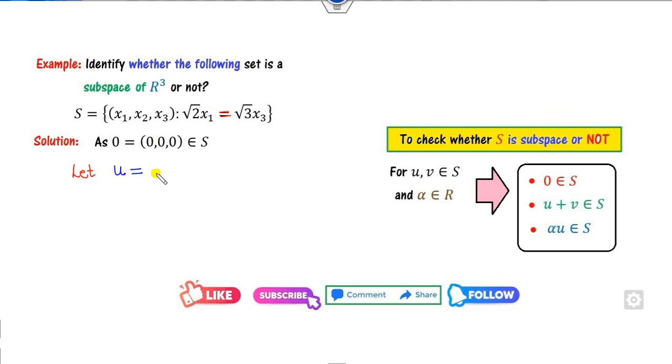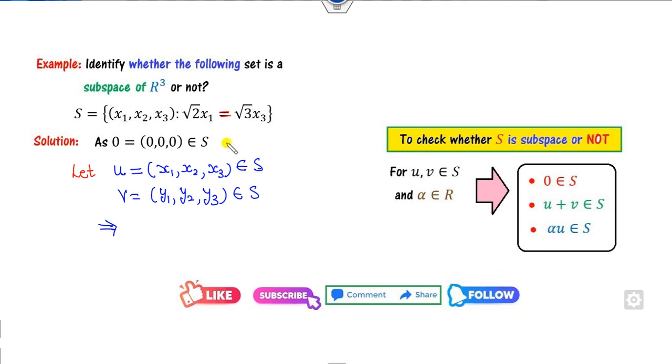So let u be (x1, x2, x3), which belongs to S, and v be (y1, y2, y3), part of S. So what does it mean?